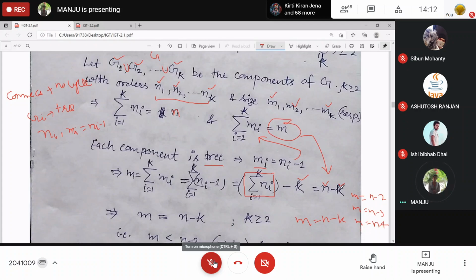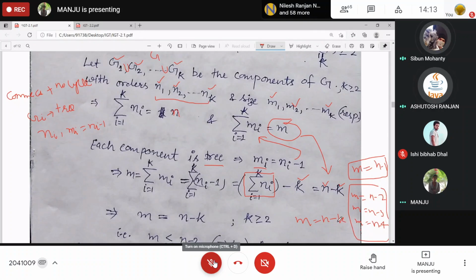Clear? So, can you tell me, is it ever possible for m to be n minus 1? According to this, can the number of edges be n minus 1? No, ma'am.